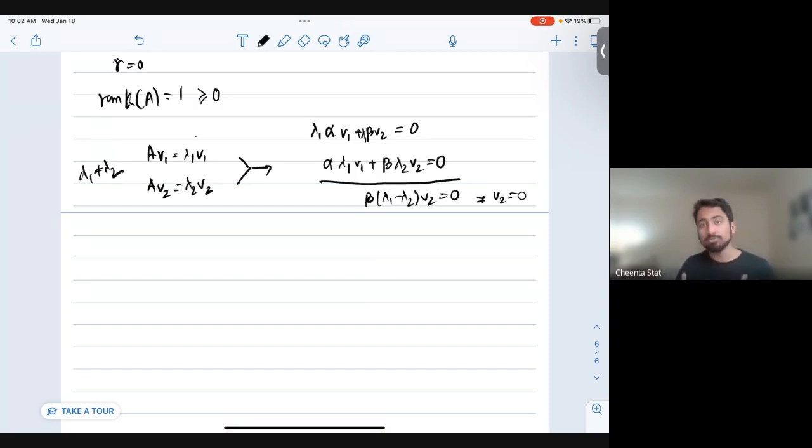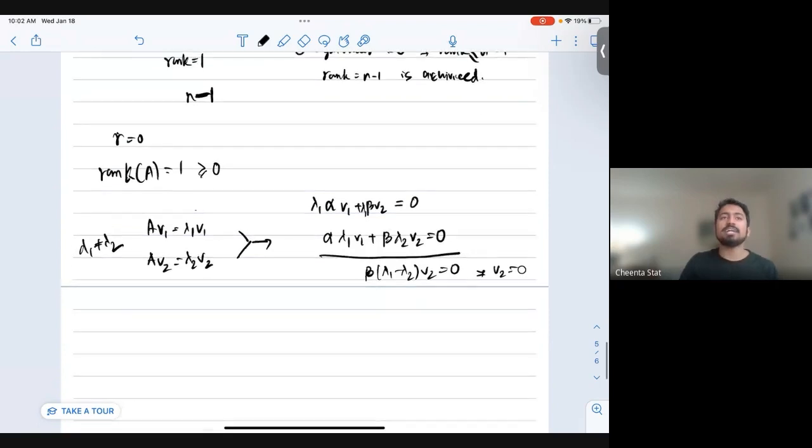You can extend this proof by induction to n steps. Okay, we have done this proof. So the eigenspaces of distinct eigenvalues are linearly independent. This is the reason why.